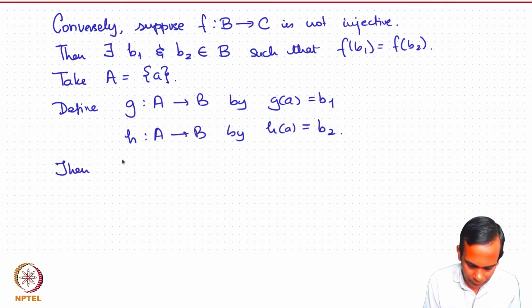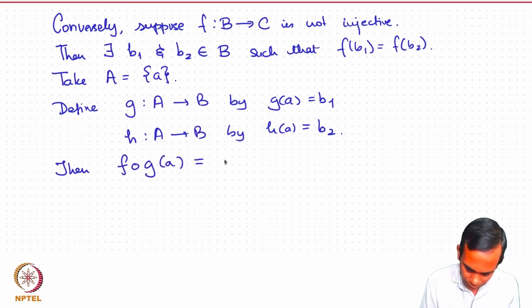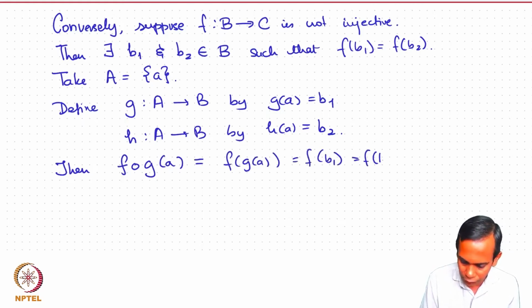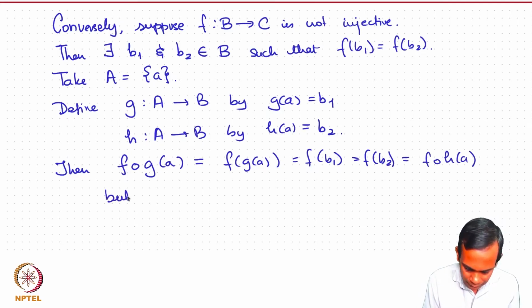Then you can see that F circle G of A is equal to F of G of A, which is F of B1, but that's equal to F of B2, which is F circle H of A. But G is clearly not equal to H because G of A and H of A are not the same.